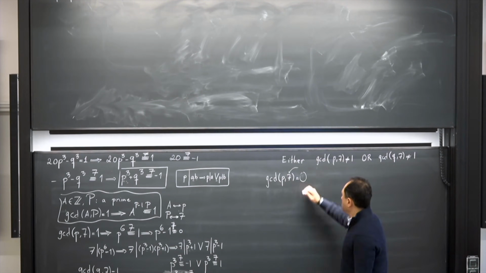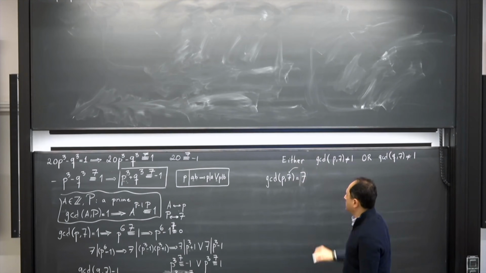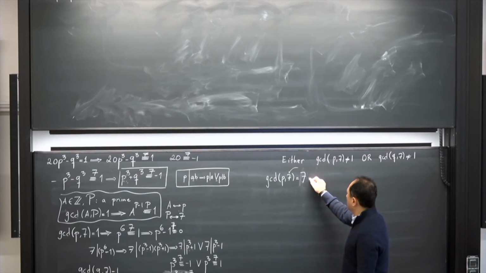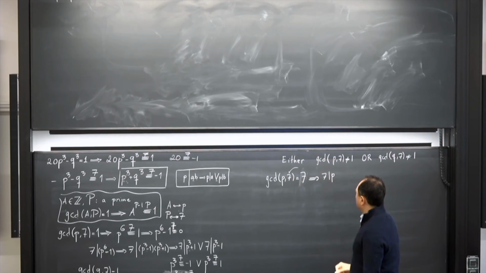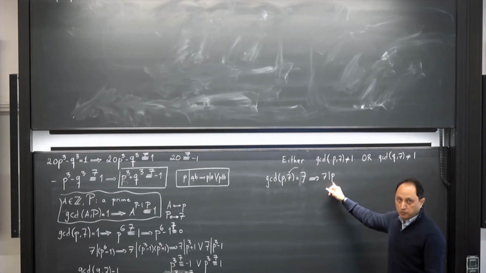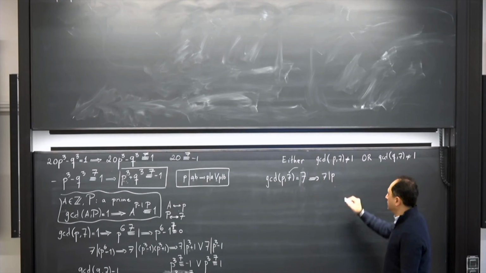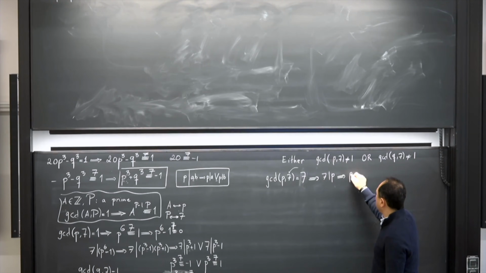So this means the only option that I have is that this is a 7. Okay? So if that is 7, then what can I conclude here? It means 7 should divide p. But p itself is supposed to be a prime number which is divisible by 7. It is only 7. So p becomes 7.